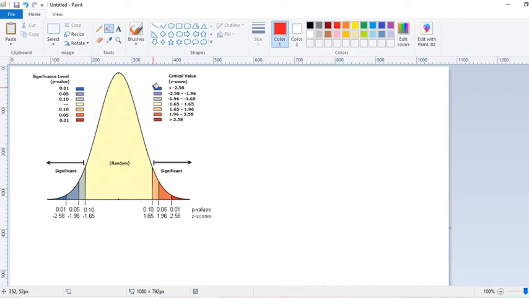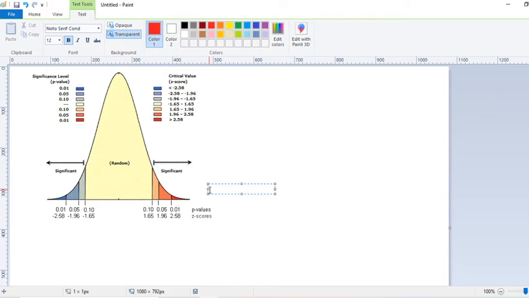The p-value is the probability of z greater than 2.58 plus the probability of z less than minus 2.58.